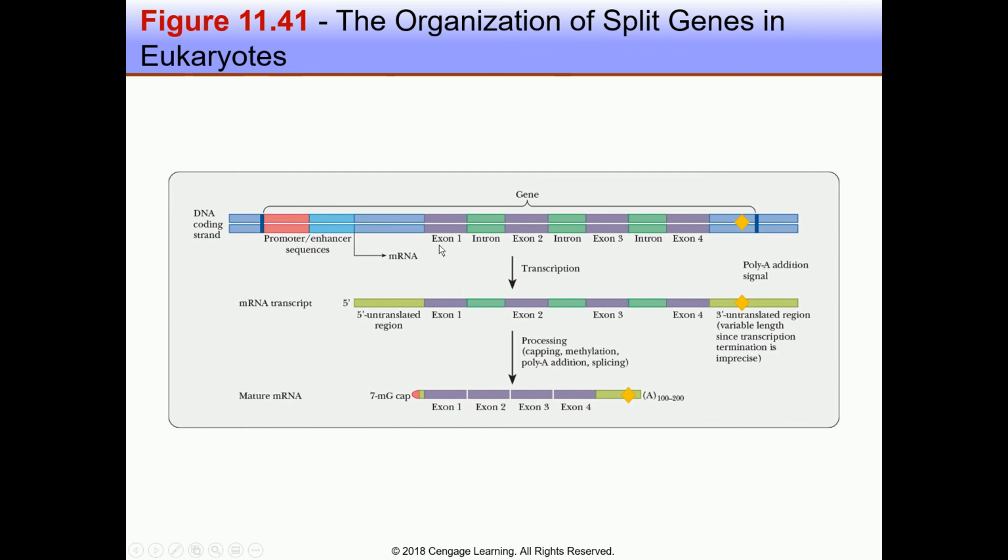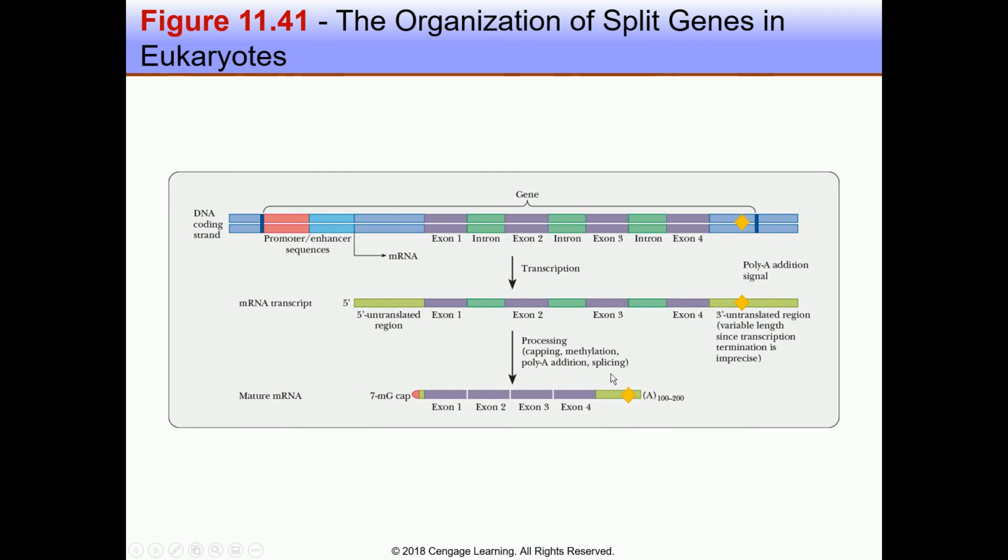You can see this is the DNA which is going to be converted into mRNA. These are the exons, and these green ones are the introns. These introns are junk DNA, they do not code for any protein. When the information from DNA is converted into mRNA by transcription, that information is also coded in the mRNA. So you can see the introns are there in the mRNA also.